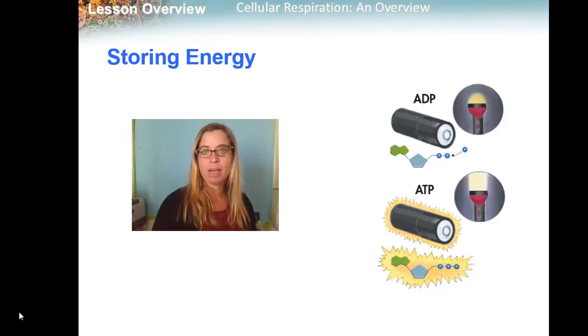When a part of the cell needs energy, ATP comes in, it knocks off its last phosphate group, and that is used to run whatever it is that the cell needs to do. But then we're left with an ADP, an adenosine diphosphate, which means it has 2 phosphate groups, and it's in its uncharged form.